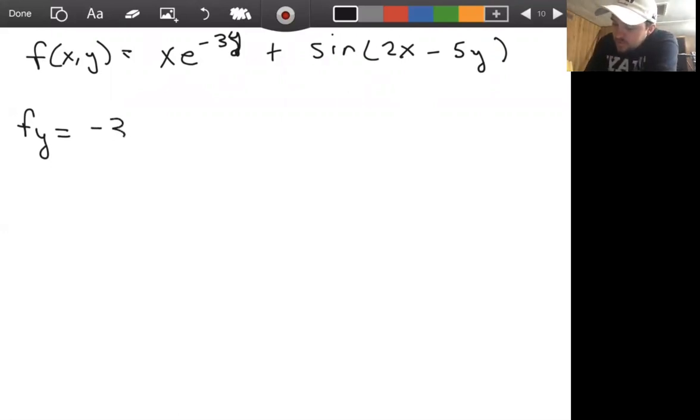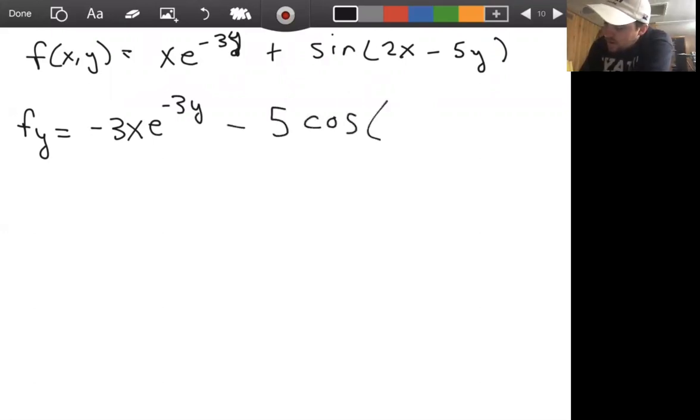So it's negative 3, but there's still an x there, e to the negative 3y. And then by the chain rule, this is going to be negative 5 cosine 2x minus 5y, right? Because the derivative of the sine function is cosine, and then the derivative of the inside with respect to y is just negative 5.